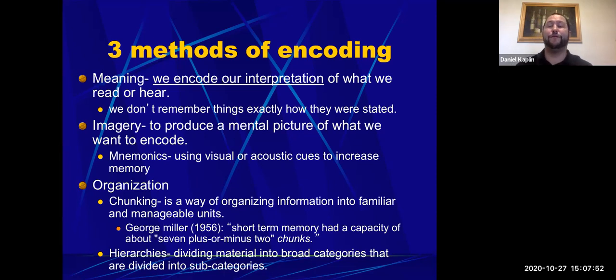All right. Another thing we use, aside from chunking, a second organizational process, is hierarchies, flow charts. So when I teach neuroscience, if I wanted to talk about the nervous system, I would write at the top of the board, nervous system. And then I would subdivide it into 2 pieces. On one side, I'd say central nervous system. The other side, I'd say peripheral nervous system.